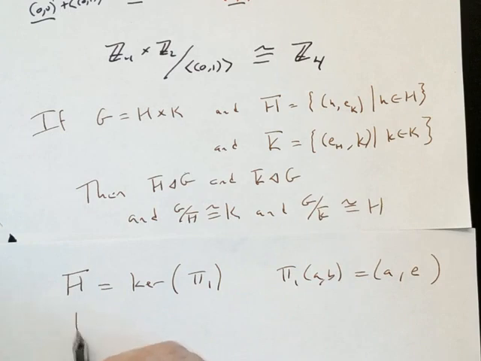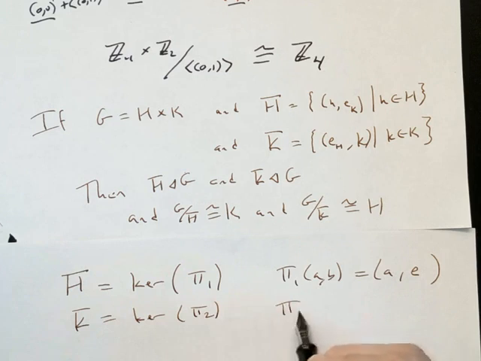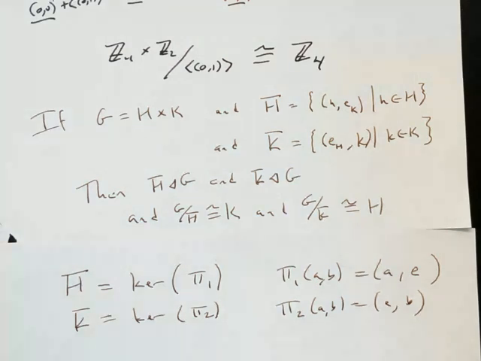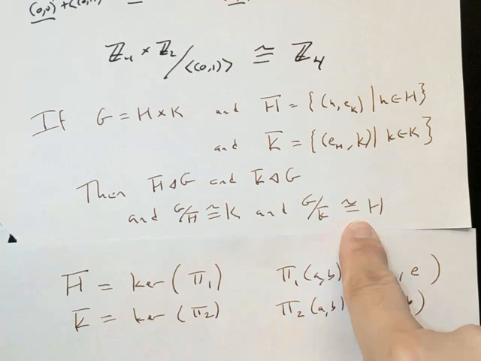K bar is the kernel of the second coordinate projection. Which means H bar is that normal subgroup, and when I go from the normal subgroups to the image, mu is an isomorphism. That's why I can say that this is an isomorphism right here. Because the fundamental homomorphism theorem says that this isomorphism comes from mu.